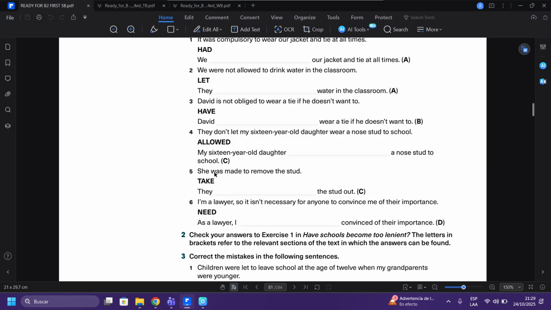Number 5, she was made to remove the stud. She was made to remove the stud. And we have the keyword take. In this case, the verb take collocates with out. Take the stud out. But what is the answer? If it says she was made, do you remember that we had to use the preposition to?